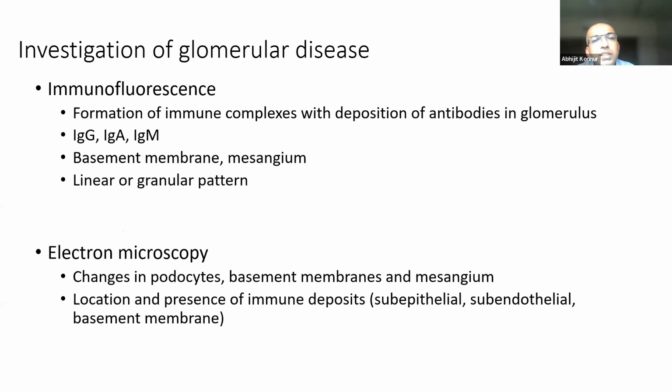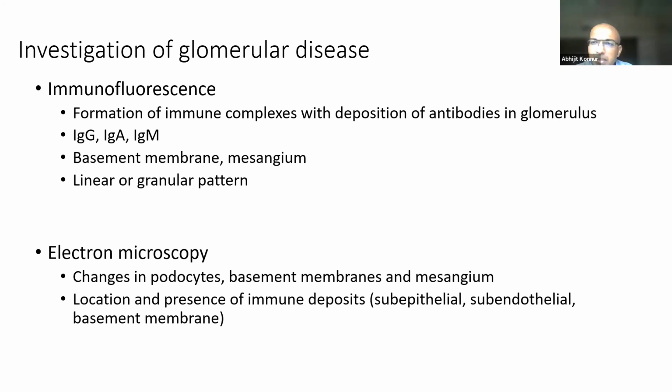Focus on which immune complex gets deposited, where it gets deposited, and how it deposits. Usually IgG, IgA, and IgM are stained, and they may sit on the glomerular basement membrane or in the mesangium, and the deposition patterns may either be linear or granular.